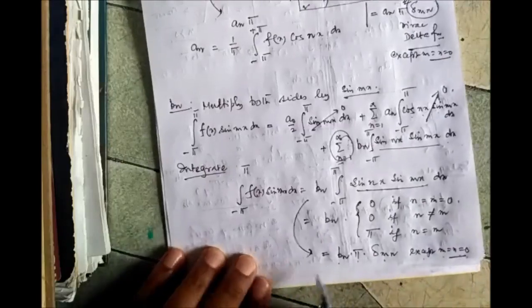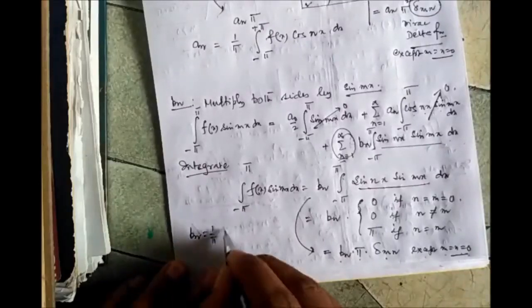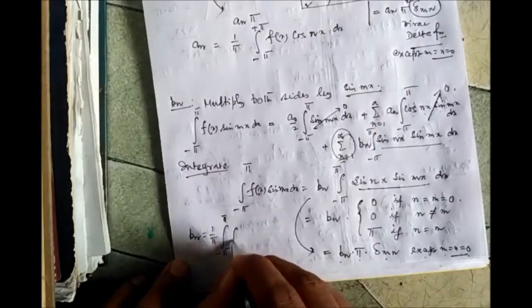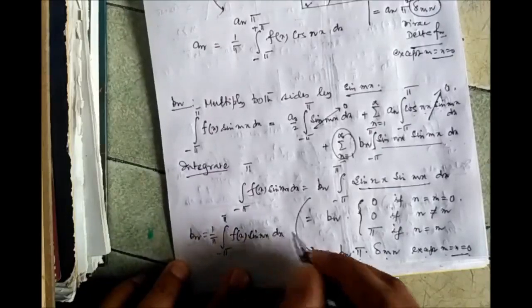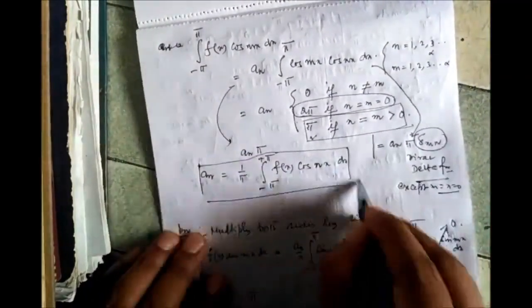So the value of this Bn, I can write it as 1 upon pi integral minus pi to plus pi f(x) sin nx dx. So this is the form of Bn. This is the form of An, and I get the form of A0 in here.